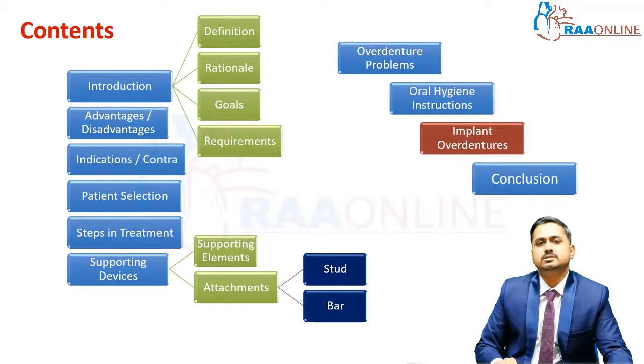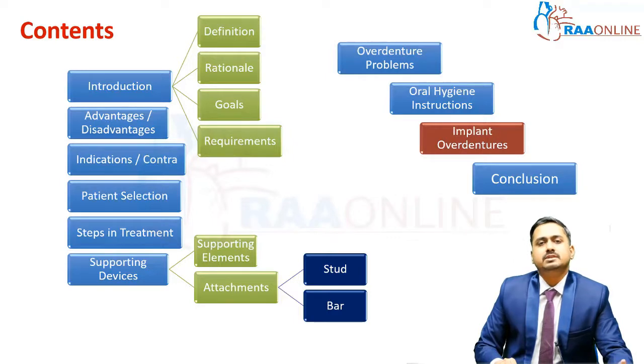Moving on to the contents, you have your basic introduction, in which we will be talking about the definition, rationales and goals, and basic requirements of an overdenture. Then we will be discussing the advantages and disadvantages, indications and contraindications, patient selection criteria, various steps in the treatment, and supporting devices, which can be a supporting element or various forms of retentive attachments.